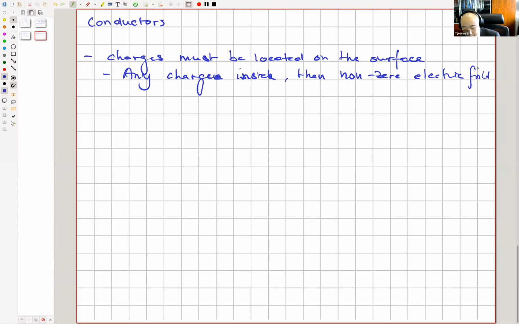Okay. And the charges distribute themselves, right? So the distribution will cancel the inside and outside fields.